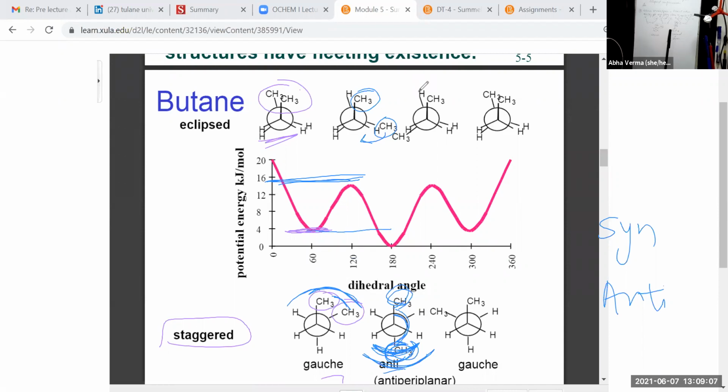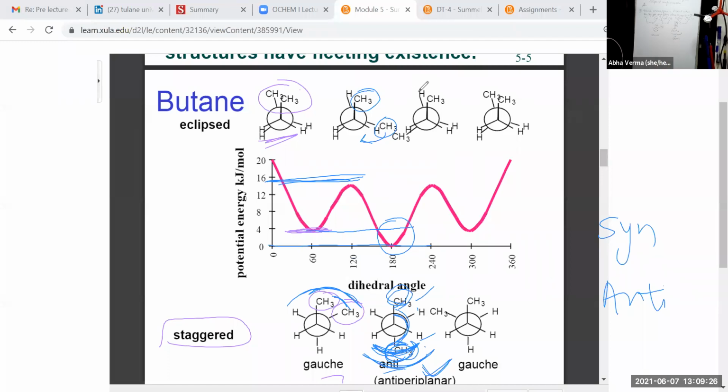And this 4 kilojoules versus 0 kilojoules exists because of the removal of this steric strain also. Okay. So whenever there is no torsional and no steric strain, that would be the most stable conformation.